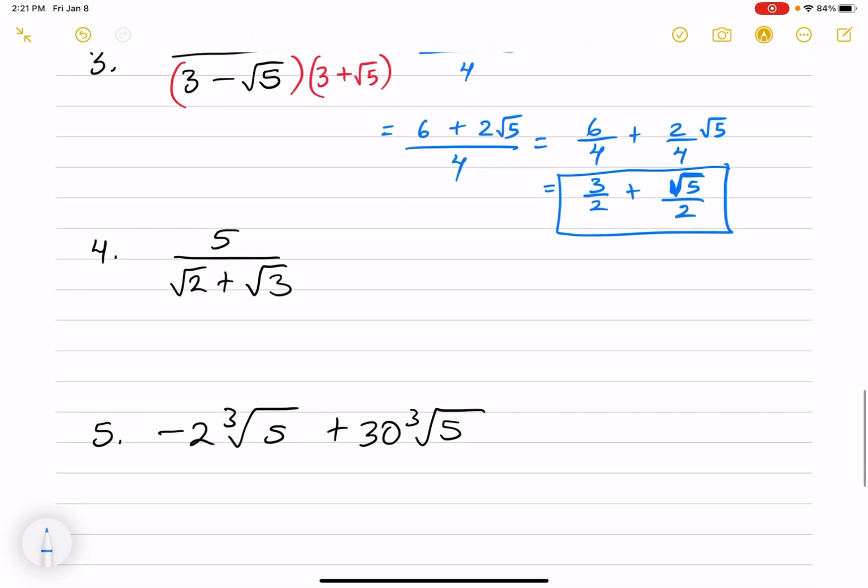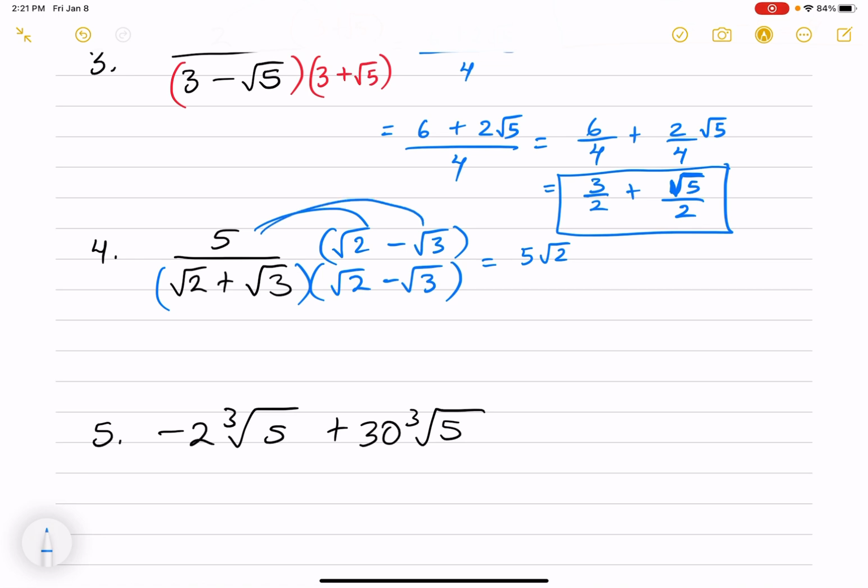Okay, so another one from scratch. What we do here is we're going to multiply top and bottom by the conjugate. And to find the conjugate, all we have to do is change the sign in the middle. Notice again, this is going to give us 5 square root of 2, 5 square root of 3. And the shortcut for multiplying conjugates, it's as simple as this.